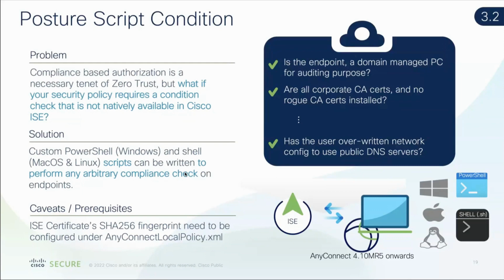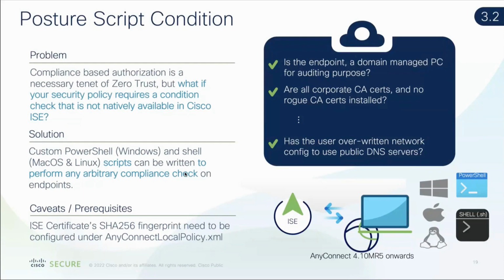For all of this to work, from the security standpoint, the AnyConnect local policy.xml file has to have the Cisco ISE certificate's SHA-256 fingerprint. The reason behind that is when AnyConnect gets the script to execute, it validates whether it is trusted to execute it.